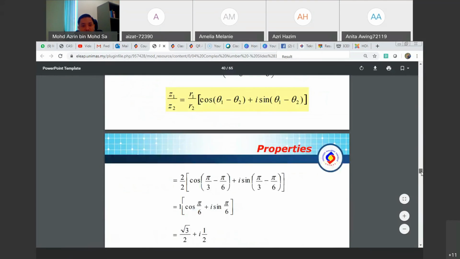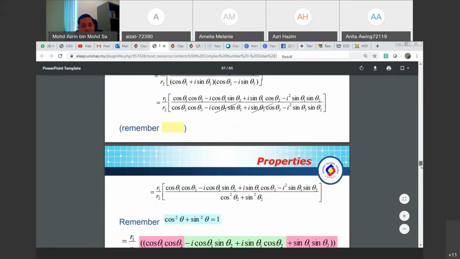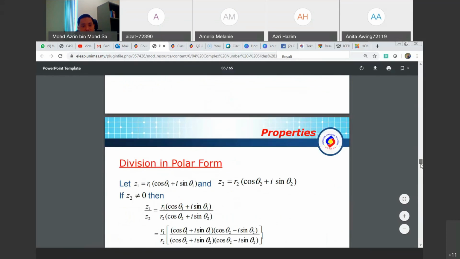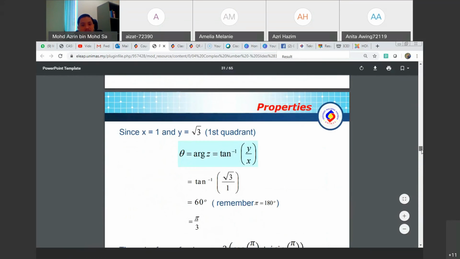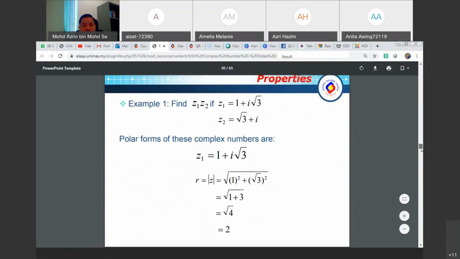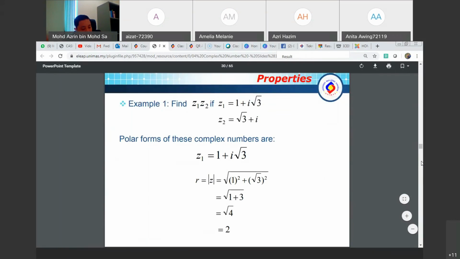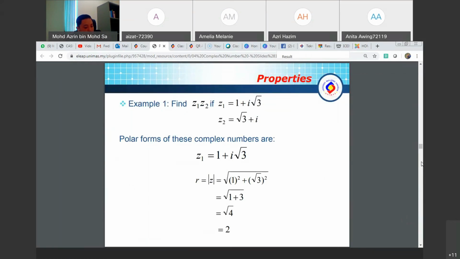Kemudian polar form, division polar form, multiplication polar form dengan polar form tu sendiri. Okay, benda tu je lah yang you kena try to do a lot of example ataupun just study the slide and also do the example.